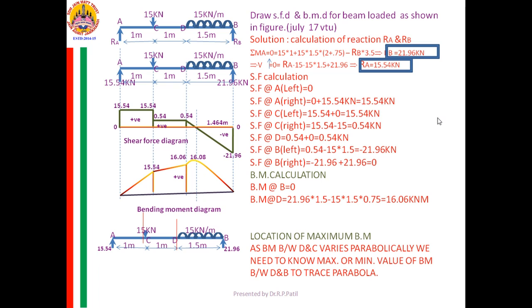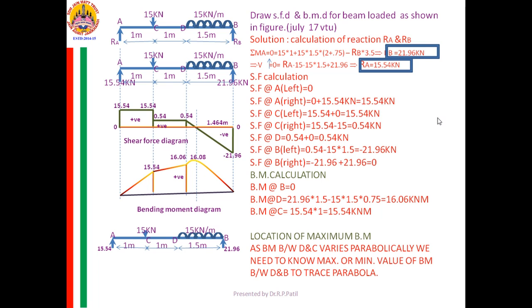Next is I need to calculate the bending moment at C. Now it is prepared to go for the left side. Only one load is there. Keep the finger at C. 15.54 into 1 is going hogging, sagging. That is why it is positive.